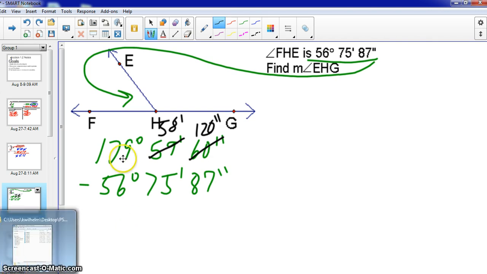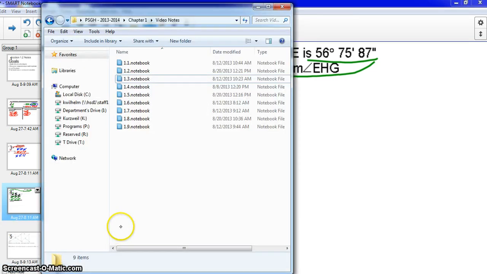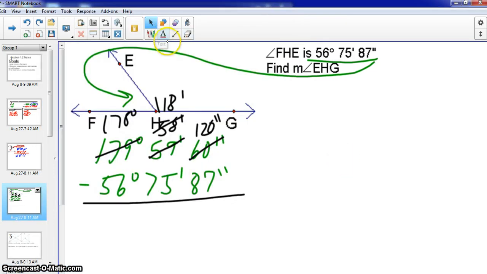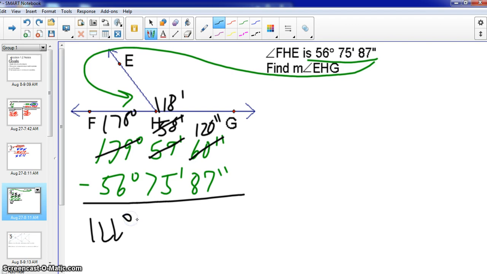So when we borrow from the degrees, we're down to 178 degrees, and we add 60 minutes. Now we're able to do our subtracting. And that gives us a total of 122 degrees, 43 minutes, and 33 seconds.